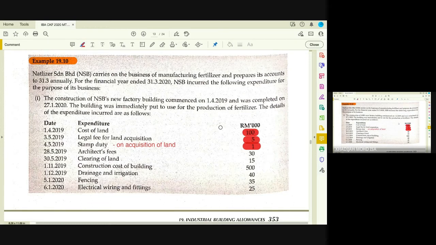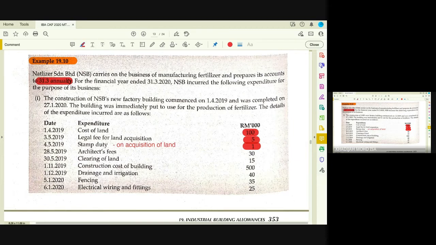Okay, so now we have example 19.10. I hope that you have done this example so that you will be able to understand the discussion better. Net Lizer's neighborhood carries on the business of manufacturing fertilizers and prepares account to 31st March annually. So I always try to highlight the year end because that will determine the year of assessment that I can start to claim my allowances, or in this case IBA.